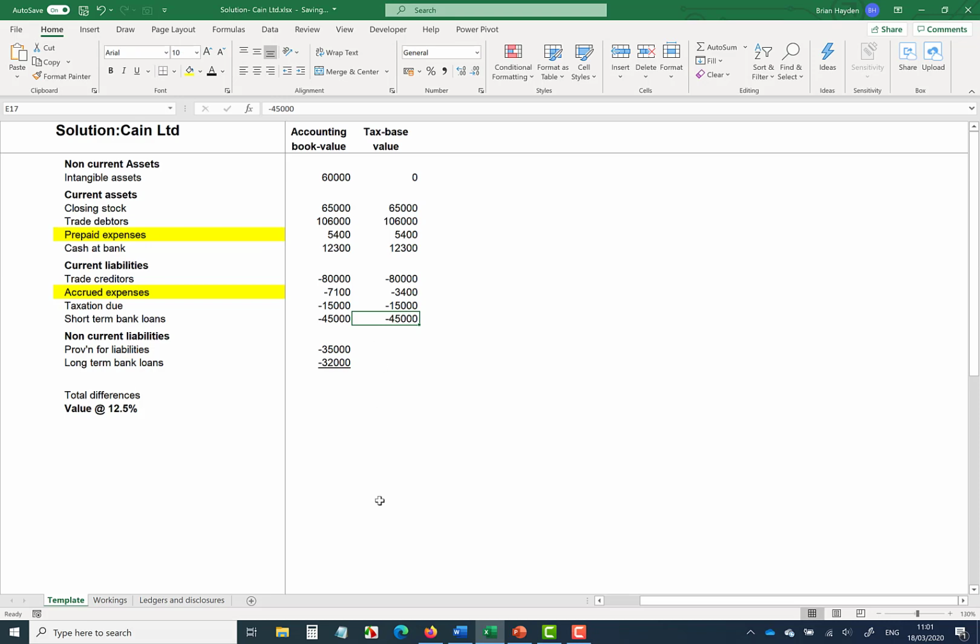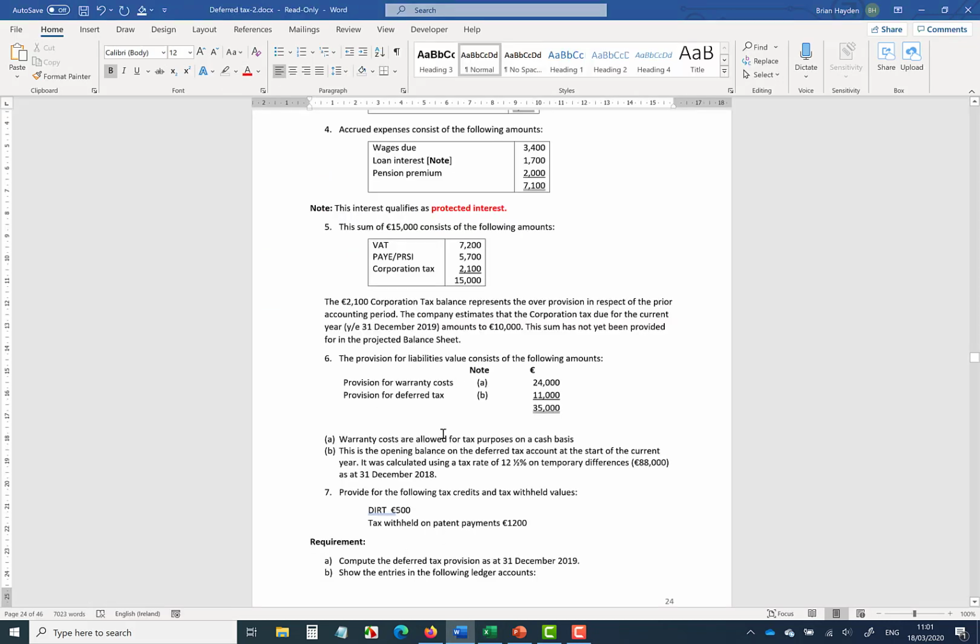Provisions for liabilities, you need to just check what the story with these is. You've got provisions for warranty costs, 24,000, and provision for deferred tax, 11,000. Now, the important point here is that warranty costs are allowed for tax purposes on a cash basis. So when you actually spend money making good a warranty, you get the tax deduction.